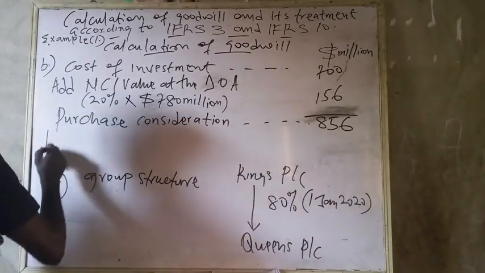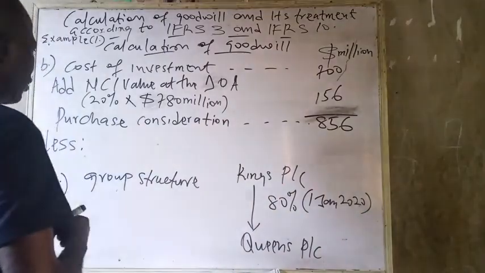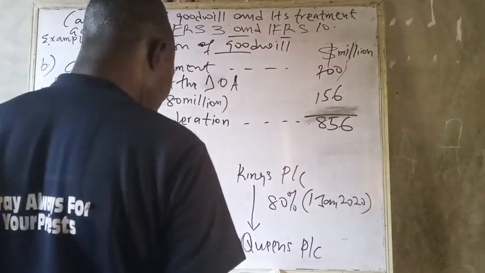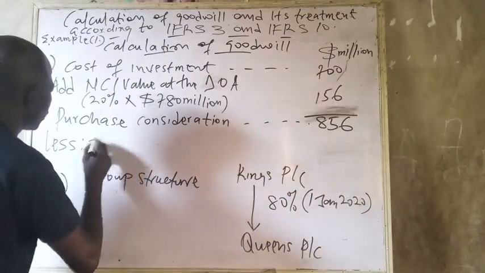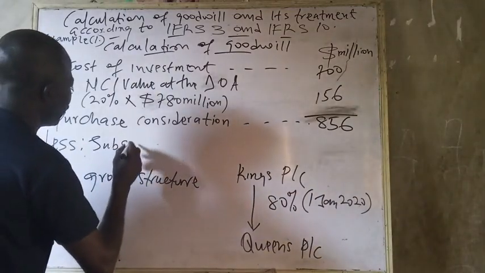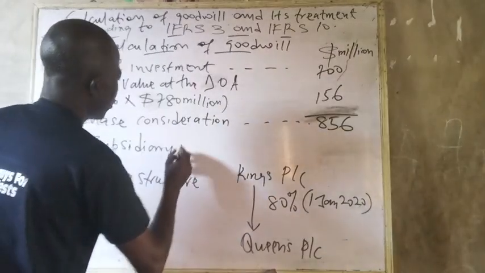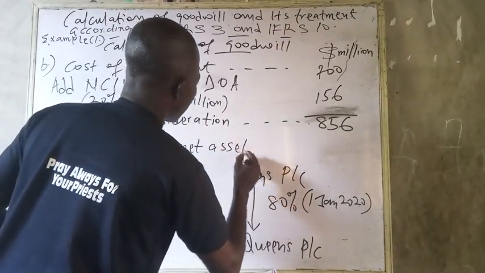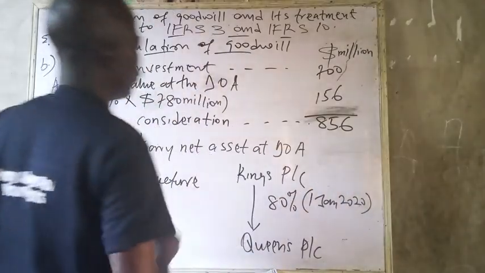Less, now deduct. In accounting, when you hear less, that is deduct. Less identifiable net asset, subsidiary net assets at the date of acquisition.